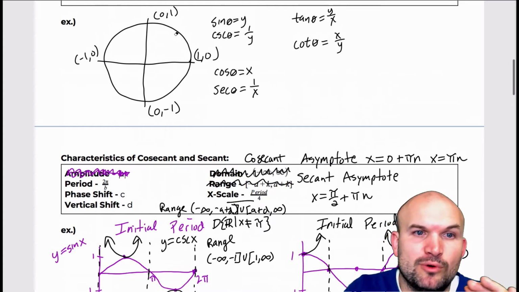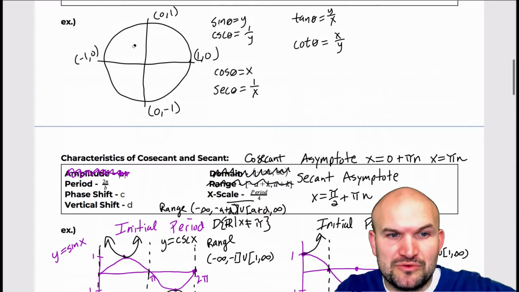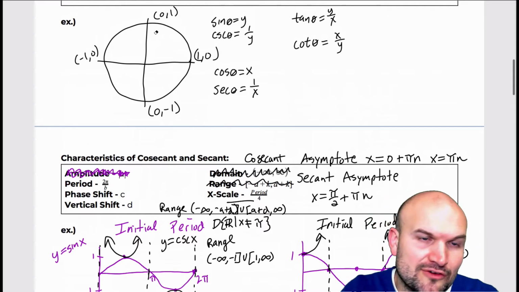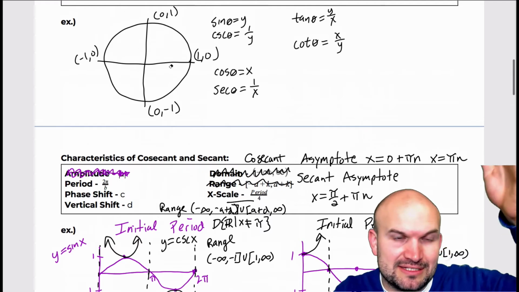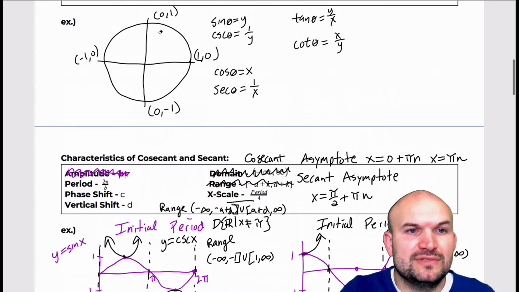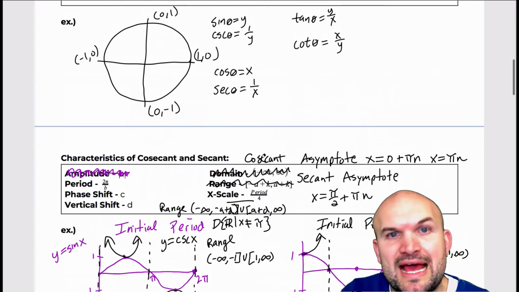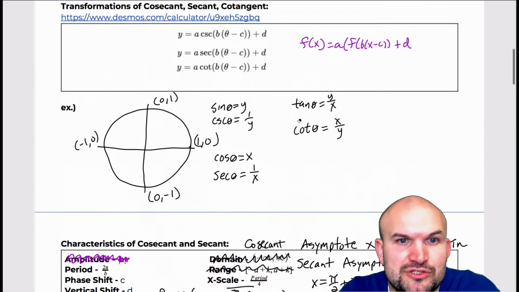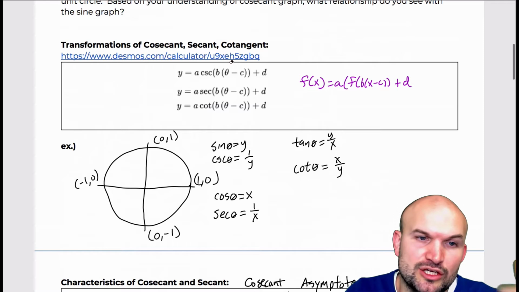Take all these points, take the inverse of them, and as you go through these quadrants, you'll notice that the first and second quadrants go from positive to negative, and that's how the shape of that curve works. So it's going to go down in that behavior. And I showed you the link that you can follow to investigate the cosecant function.